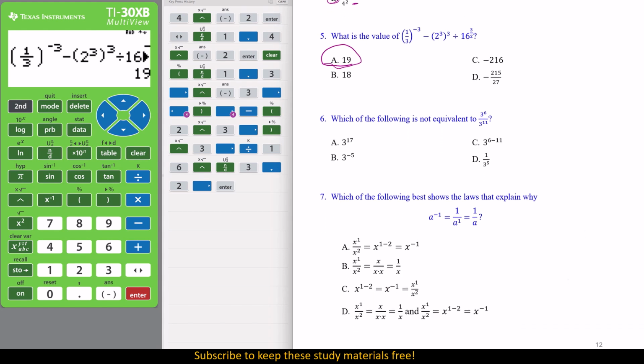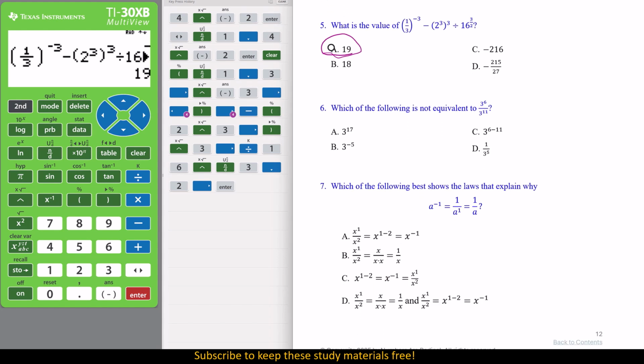Let's look at number 6. Which of the following is not equivalent to 3 to the 6 over 3 to the 11? Okay, I'm saying A. Remember, we want the not. Why am I saying A? It is Captain Obvious blaring us in the face. 3 is a whole number, and a whole number to the power of 17 is going to be a very large value.